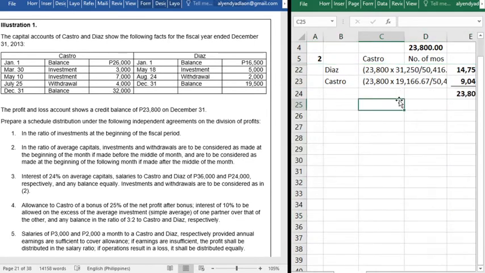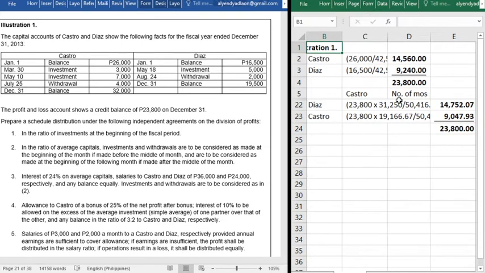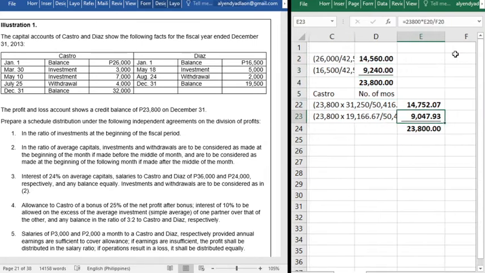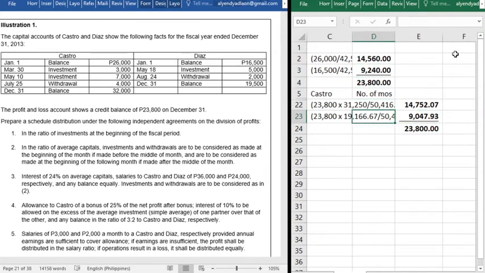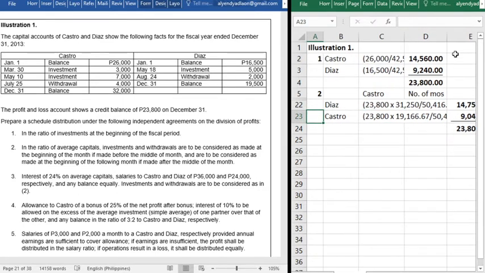As you can see, in the first method, this is based on beginning capital, we have 14,500 and 9,200. In the second method, based on average, we have 14,700 and 9,000. So it is just immaterial. Whatever is the agreement of the partners, that will serve as your basis of allocation. Alright?